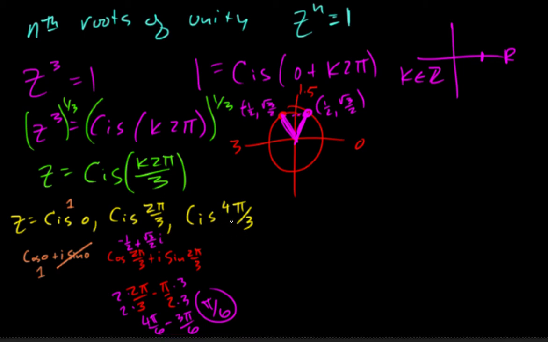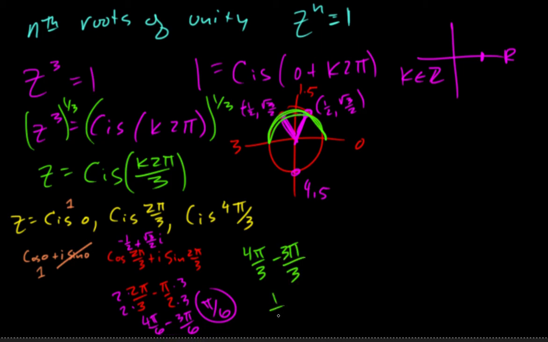And then going through a similar process right here, 4 pi thirds is going to be about a 4. So it's somewhere in this quadrant, so we need to take out this, which is pi. So we're going to say 4 pi thirds minus pi, which would be 3 pi thirds. And so that's just pi thirds when we do the subtraction.